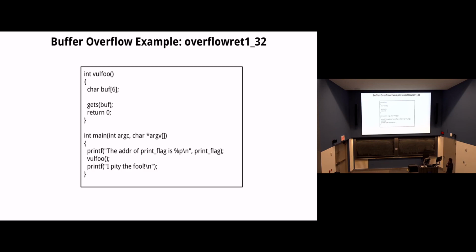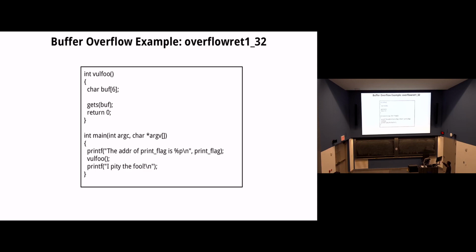Okay, so let's look at our very first example program. It's a very simple program. It includes the print flag header, which I didn't show here. The main function first calls the print flag function, just to help you. Then it calls the vulnerable function.